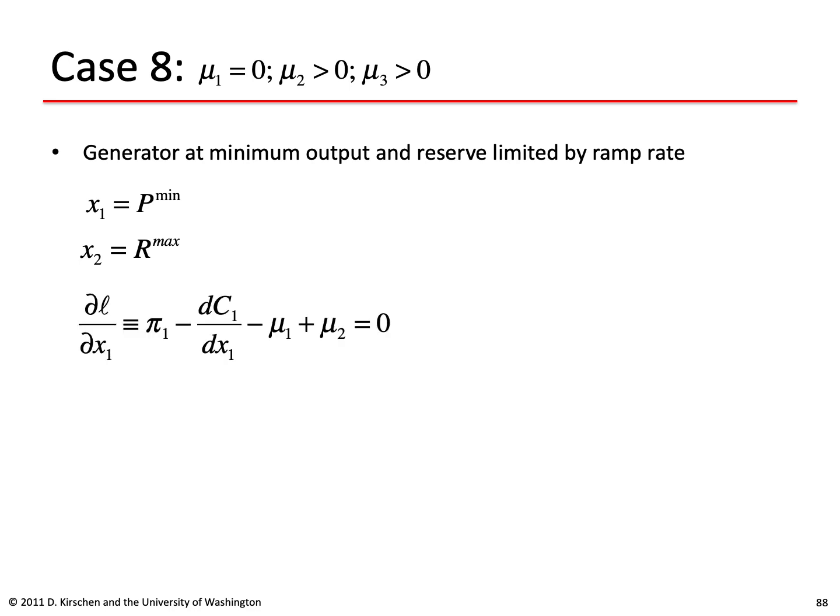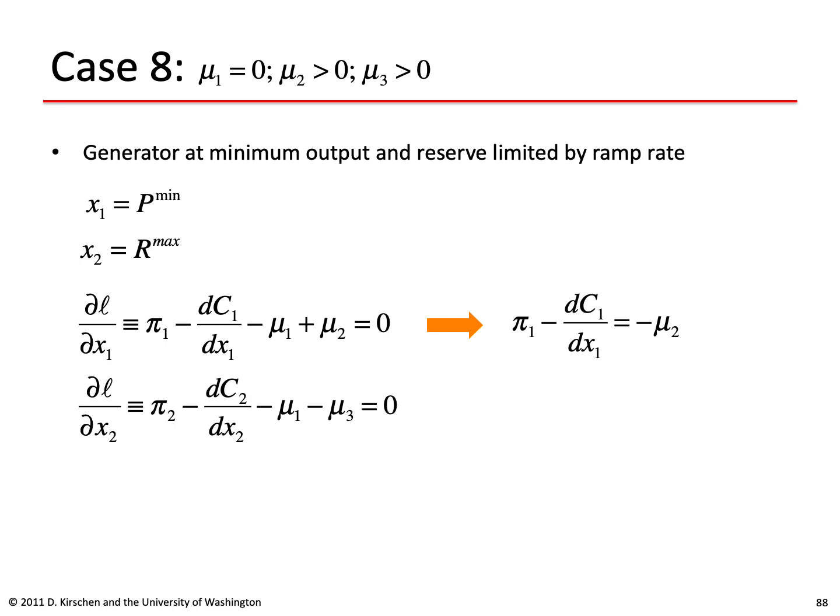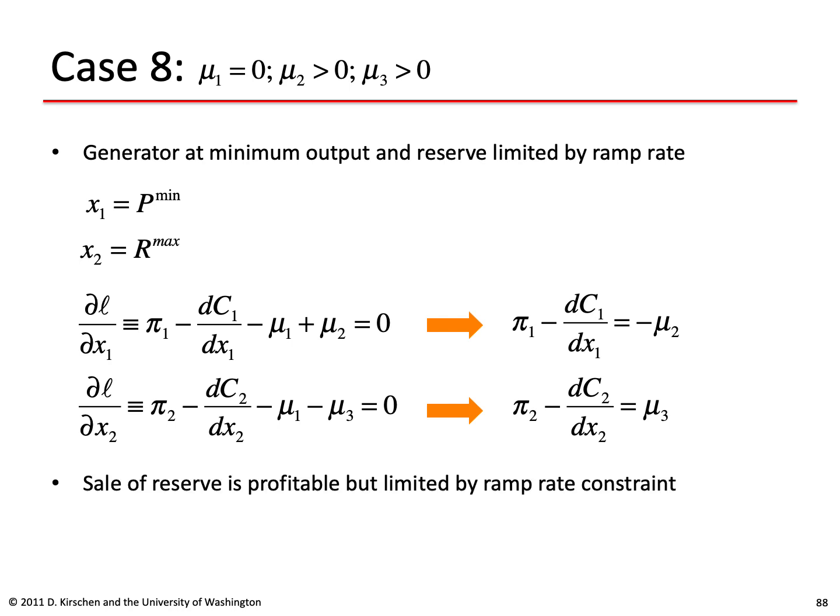In this case, the optimality conditions tell us that pi1 minus dc1 over dx1 equals minus mu2, which is negative, so there is a loss on the sale of energy. And the second optimality condition tells us that pi2 minus dc2 over dx2 equals mu3, which is positive. So the sale of reserve is profitable, but limited by the ramp rate constraint.